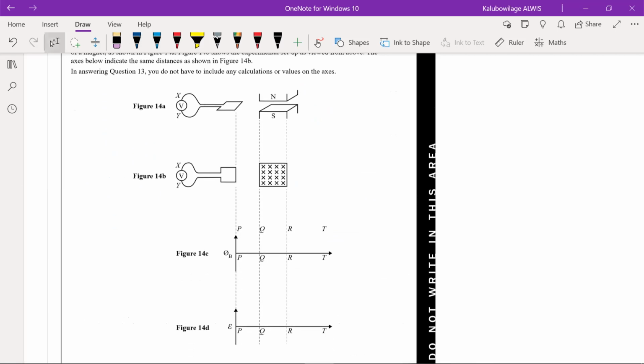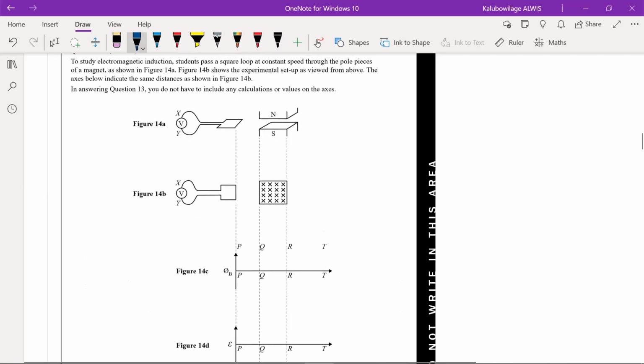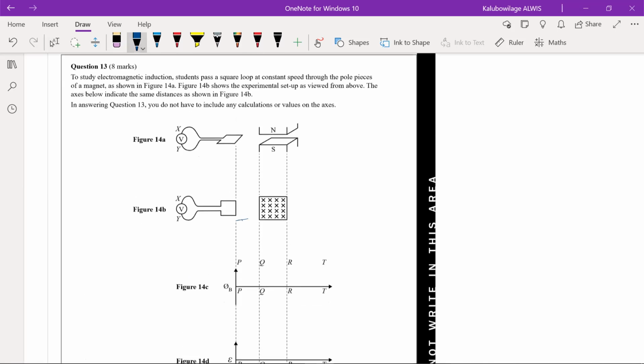More diagrams. 14C is magnetic flux. 14T is EMF. So from P to Q, there's no magnetic flux.